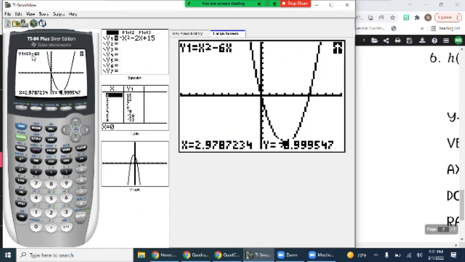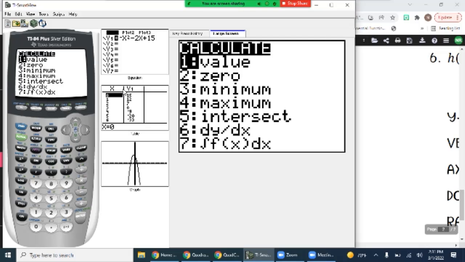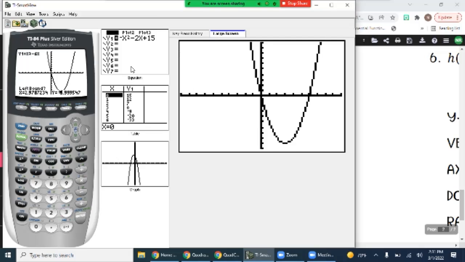We press second trace. And which one are we going to pick, 3 or 4? Press 3 because it is a minimum. You don't have to scroll all the way down to 3 and press enter. Just push the number 3. Now you see the question left. How many times to the left? 2 and enter.